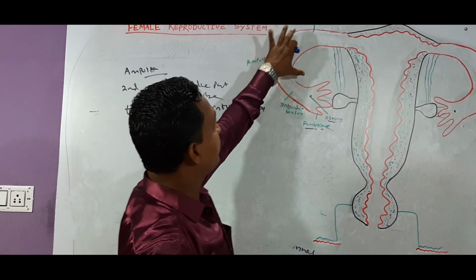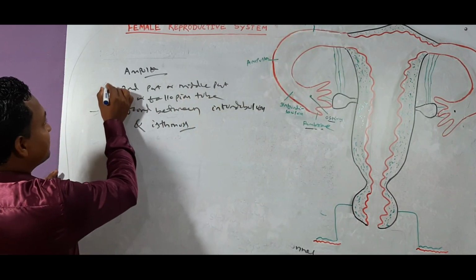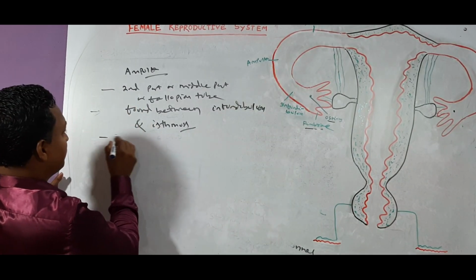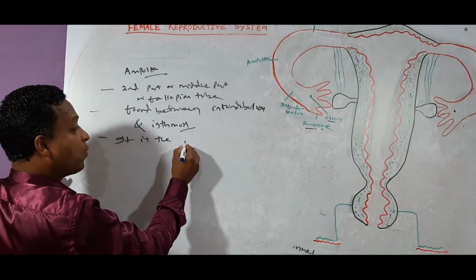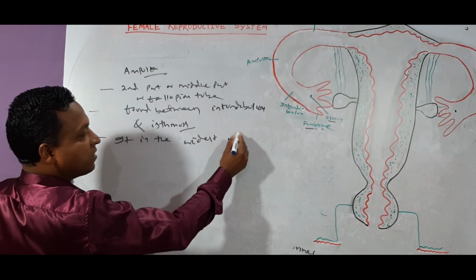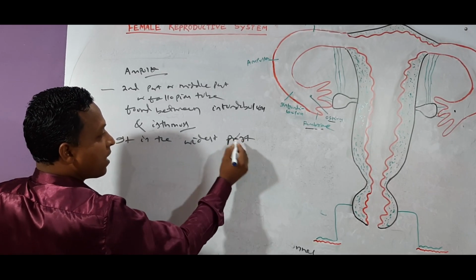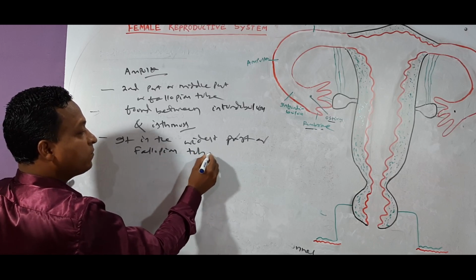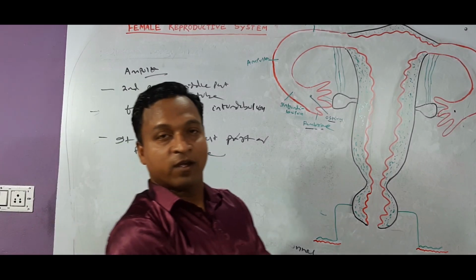Ampulla is also the widest part of the fallopian tube.